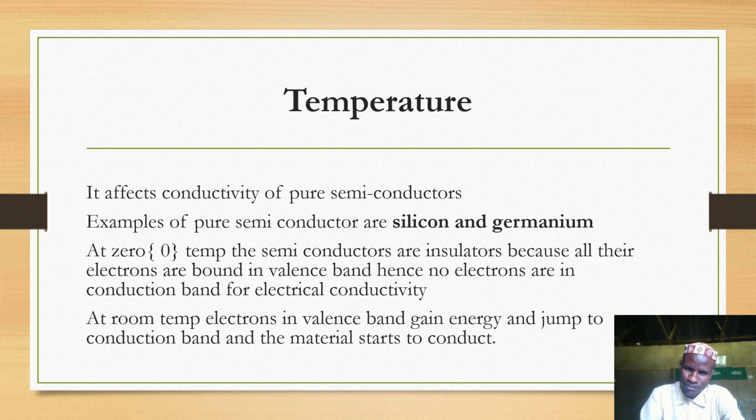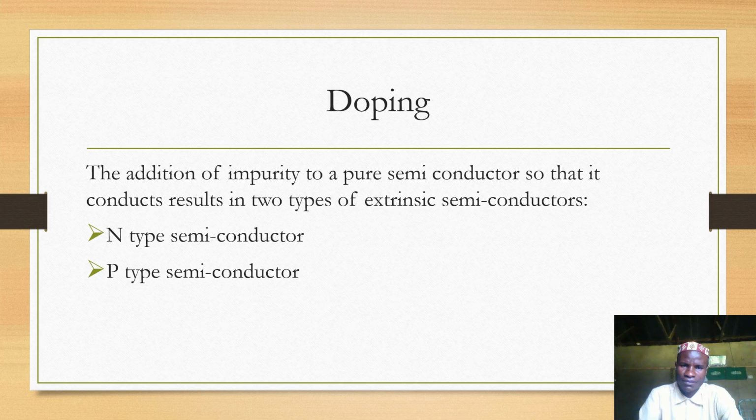At zero temperature, the semiconductors are insulators because all their electrons are bound in the valence band, and hence no electrons are in the conduction band for electrical conductivity. But at room temperature, the electrons in the valence band gain energy and jump to the conduction band, and thus the material starts to conduct.